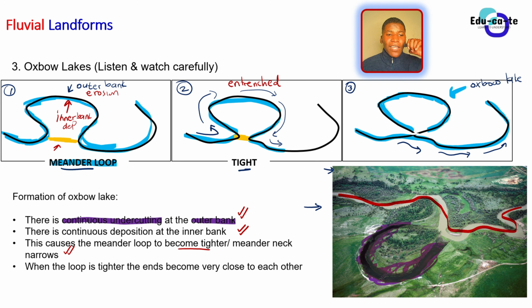And when the loop is now tighter, the ends actually become very close to one another. That is quite observable. You can see that the ends of the river here, and these ends of this bend, are now a bit closer to one another because of this tightness.